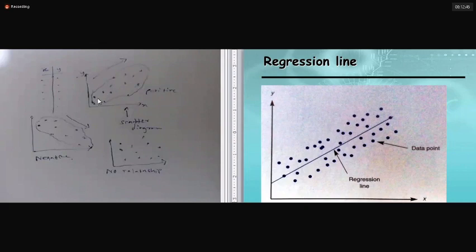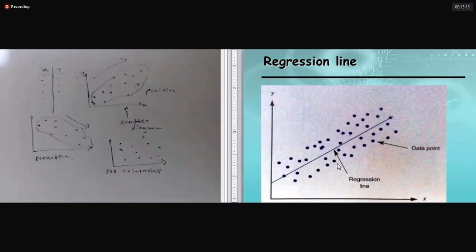So we cannot draw a line to cut all these points, but we can draw a line to reasonably represent all the points. That is not exact, but it represents them reasonably. That is called the regression line.